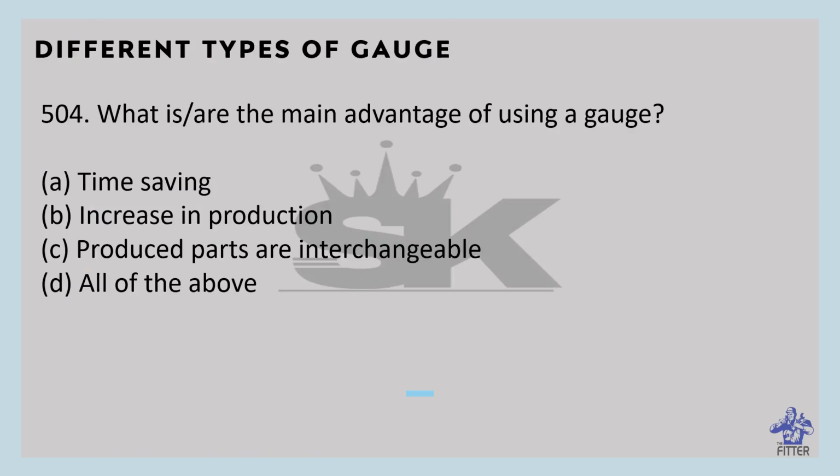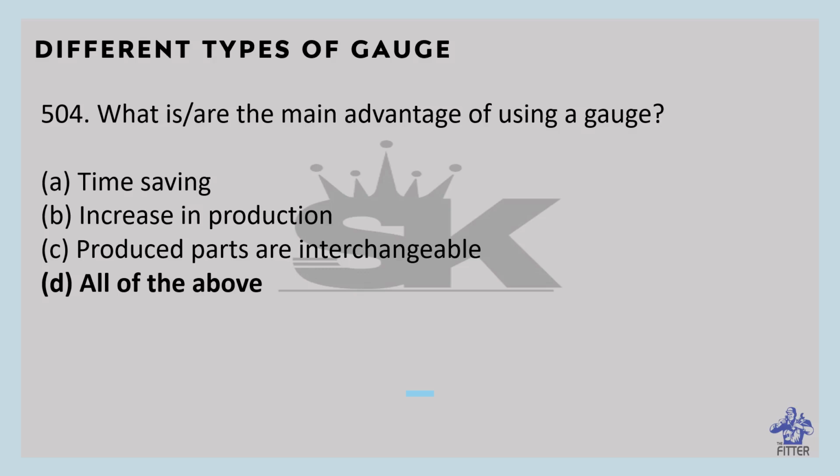What is the main advantage of using a gauge? So the answer is all of the above, because we can save time, we can increase the production, and produced parts are interchangeable. The main advantages of using gauges are, in the inspection room, jobs can be tested in less time and in large quantities, and production increases.